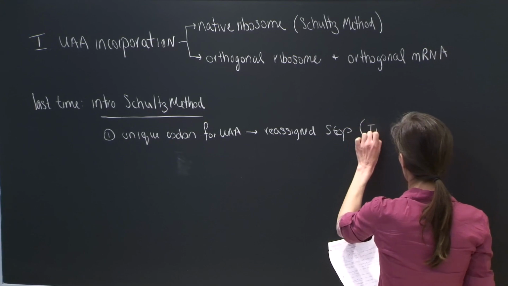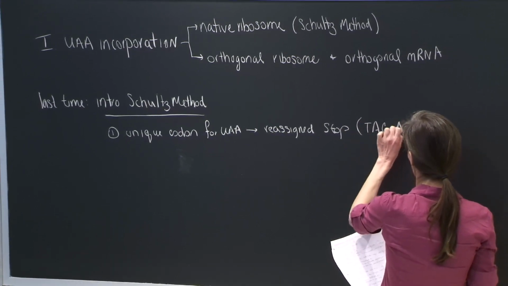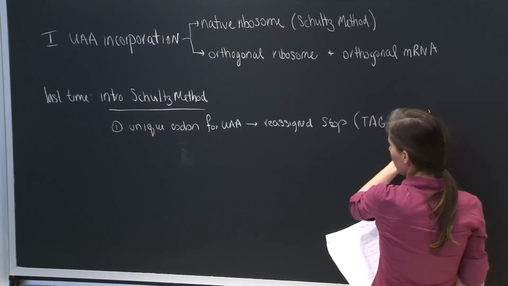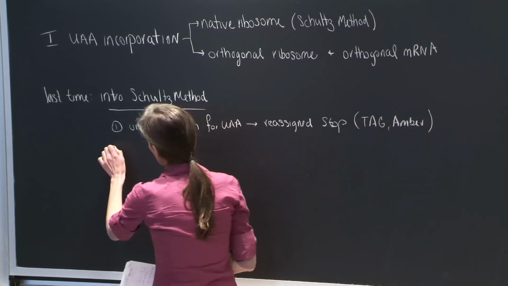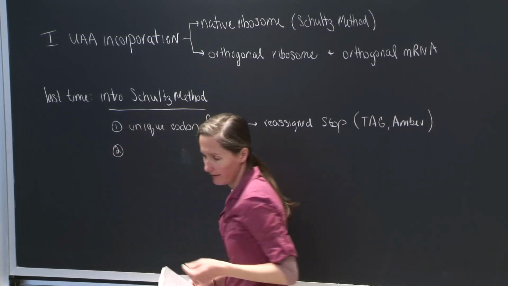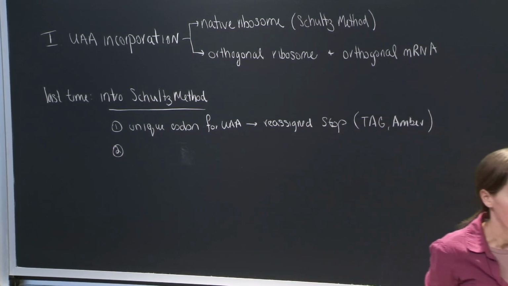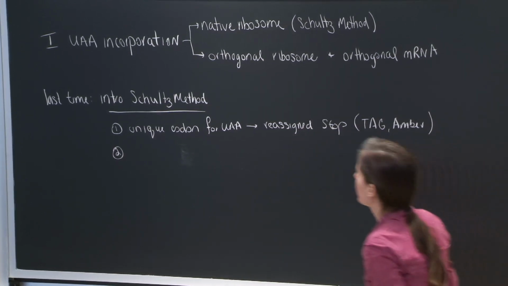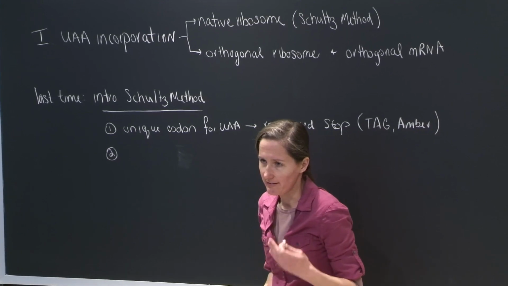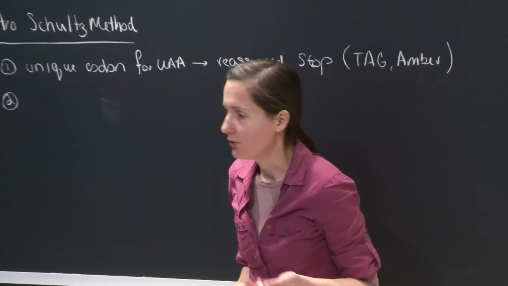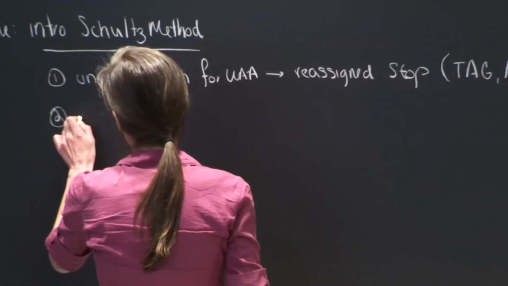Okay, so TAG or amber stop. And the other thing that we need, that we'll discuss now, involves the requirement of an orthogonal tRNA and amino acyl tRNA synthetase pair that can be used in this method.